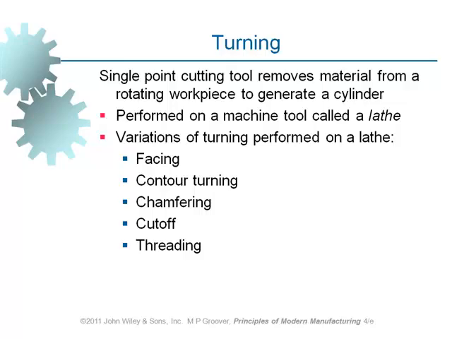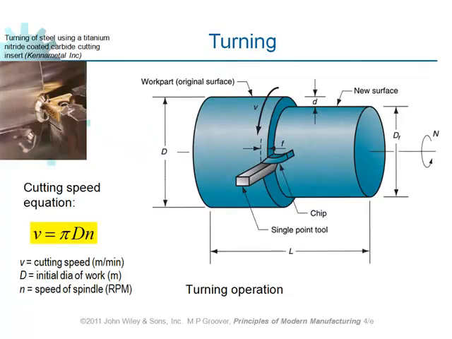Well, let's skip this one. Here we can see a turning process, in order to familiarize ourselves with the terminology of the turning process. Of course, we know that we've got a rotational workpiece which rotates on the machine, and we've got a single edge cutting tool which takes the cut from the material.